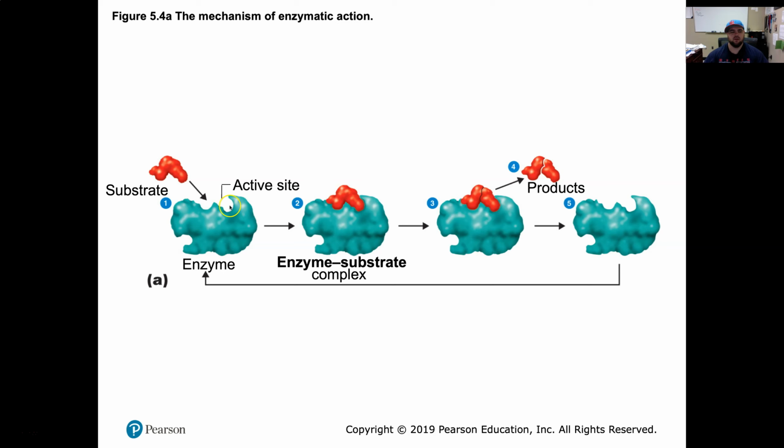The substrate binds to the active site, and then in this case, it breaks that substrate down, and here are the products. It also works the other way around. If you add these two pieces to the active site, it can put them back together. So it works both ways. It can break things down, or put them together. This is the mechanism behind enzymatic action.